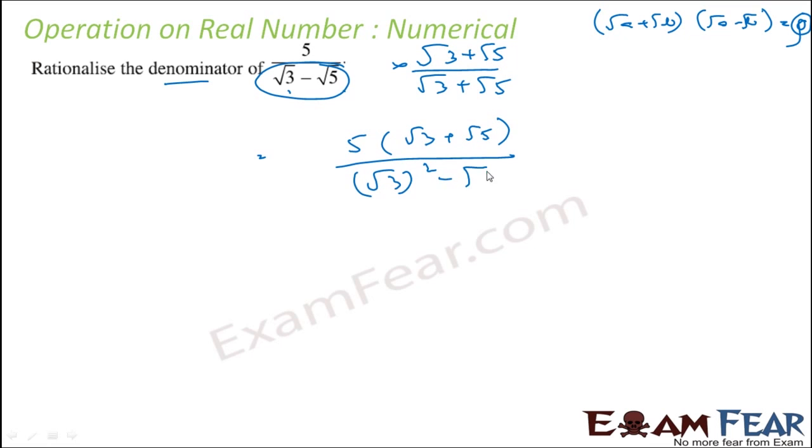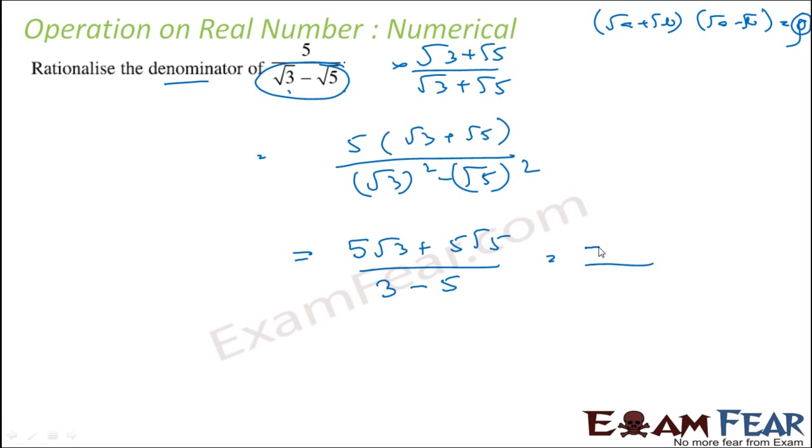Root 3 square minus root 5 square. The numerator becomes 5 root 3 plus 5 root 5. Root 3 square is 3, root 5 square is 5, and this is minus 2. So I'll get minus of, you can take this common actually, by 2. If you see here, this is a rational number.